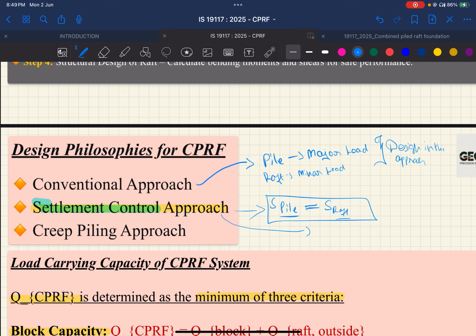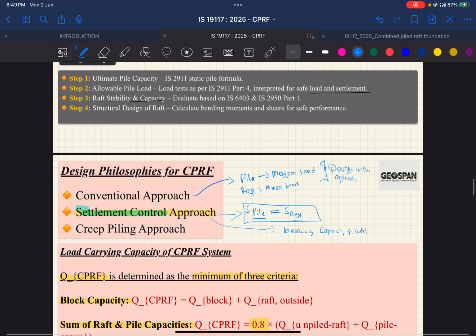Why can't we use the conventional approach and creep piling approach? Because it optimizes the bearing capacity and settlement control, ensuring long-term performance of the foundation system.